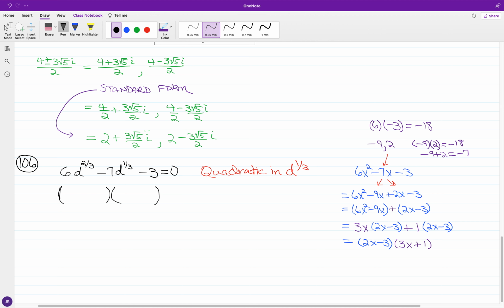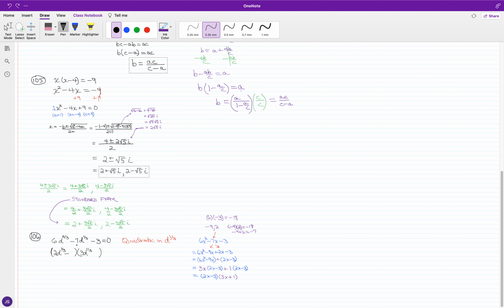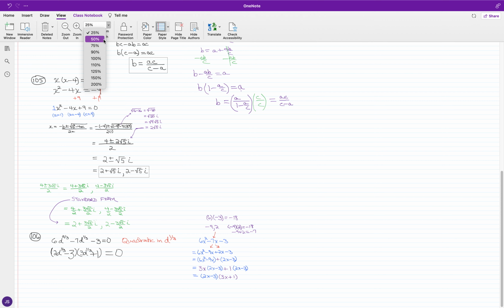We can say 6d to the 2/3 will factor out not to 2d or 2x, but 2d to the 1/3, and 3d to the 1/3, and we have minus 3. And we have 3d to the 1/3 plus 1, and we have this equal to 0.